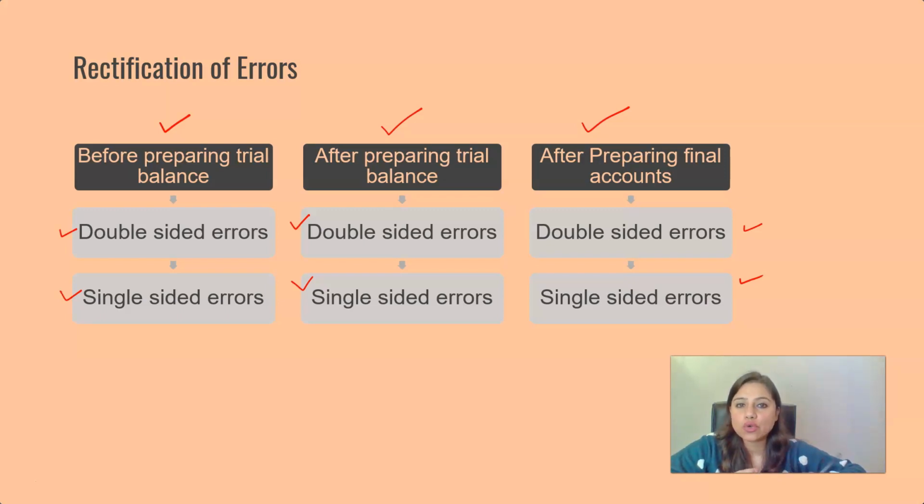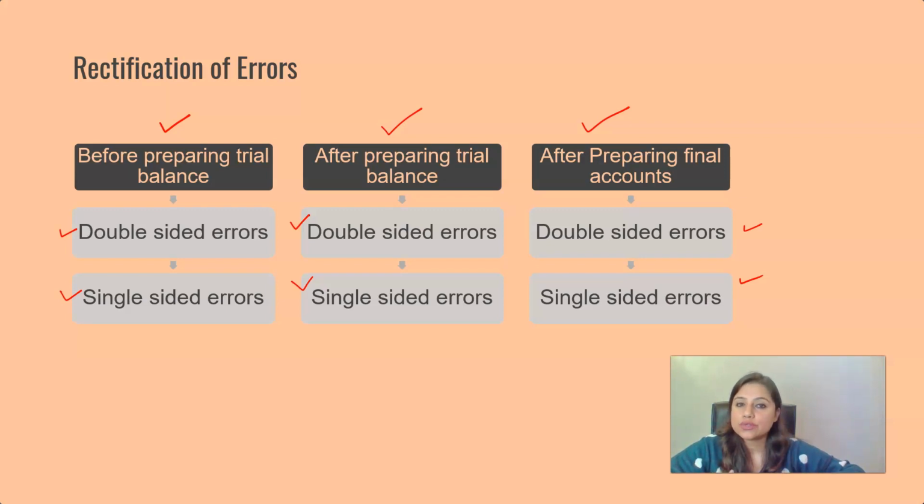So it could be errors of omission, error of principle. A double-sided error will involve both accounts, the account that needs to be debited and the account that needs to be credited. The error has been committed in both accounts, whereas in case of single-sided errors, in one account the entry has been correctly recorded. However, the second impact or the single impact is something that needs to be corrected.